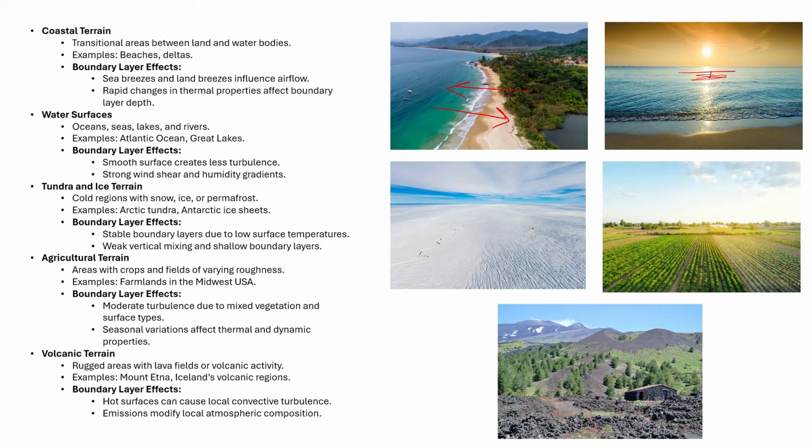This is also almost a smooth surface with a very shallow boundary layer, because the air becomes very cold and denser. Then agricultural crops will create moderate turbulence. Then this volcanic terrain is again like a desert, with hot lava on the surface, so this also has convective turbulence other than the mechanical turbulence.